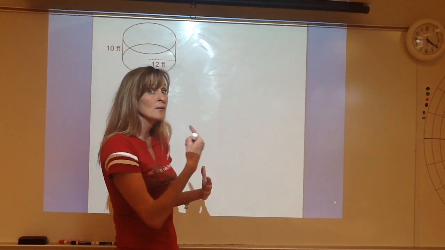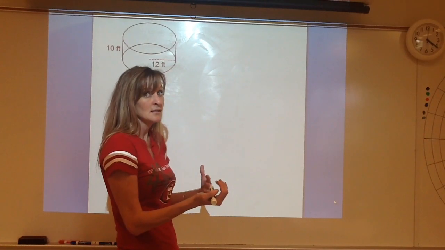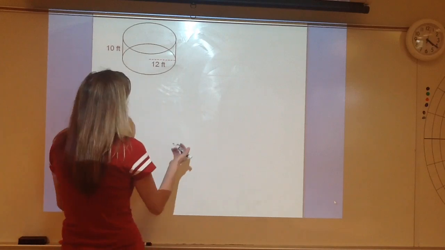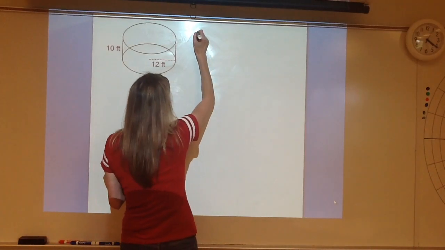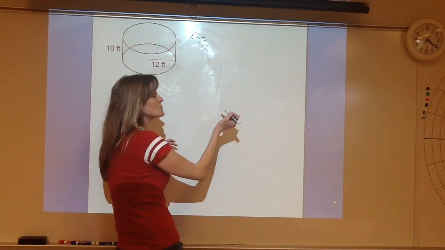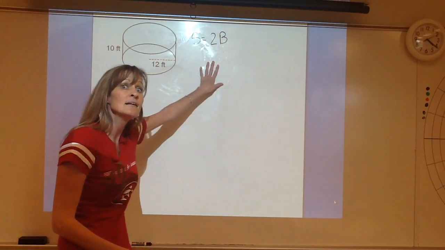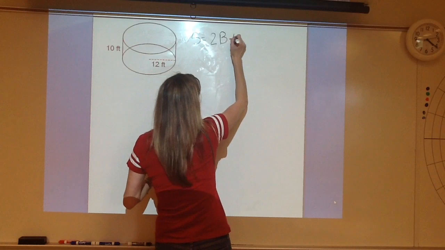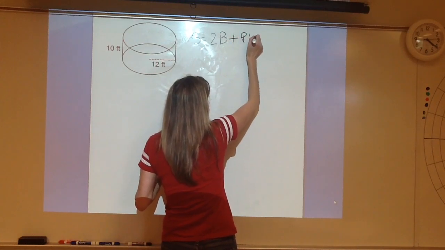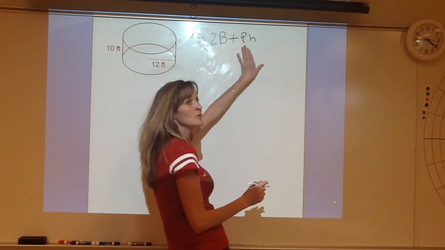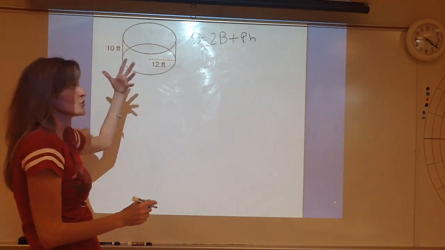It's still the perimeter times the height, which would be circumference. So if you look on your formula chart, it looks uglier than this, but it really is 2 times the area of the circle plus the perimeter of the circle times the height. But remember, perimeter in this case is circumference.